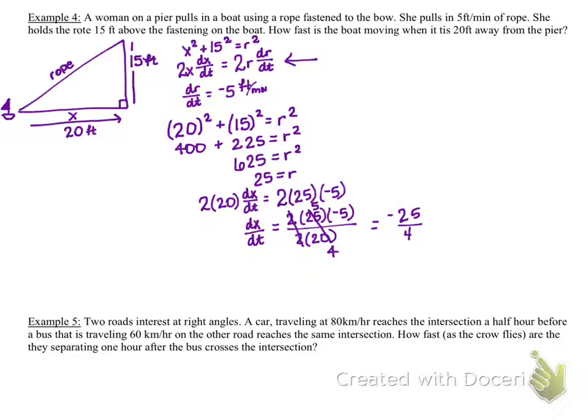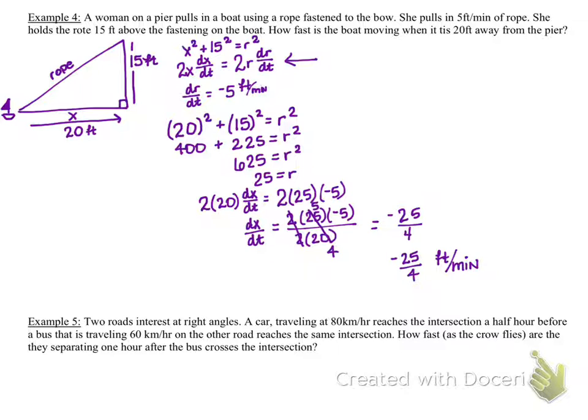Well, it's moving negative 25 fourths feet per minute. And that is how quickly it is moving towards the pier.